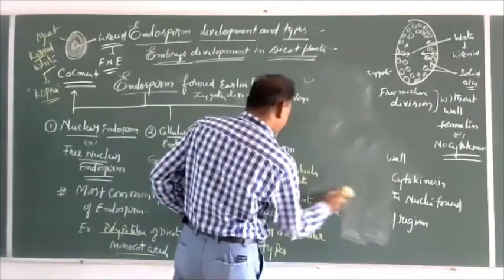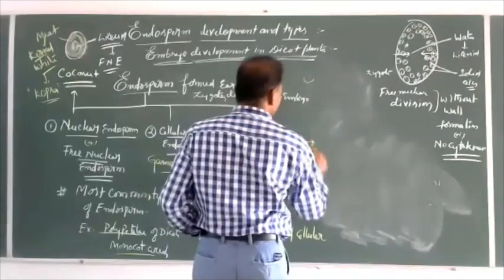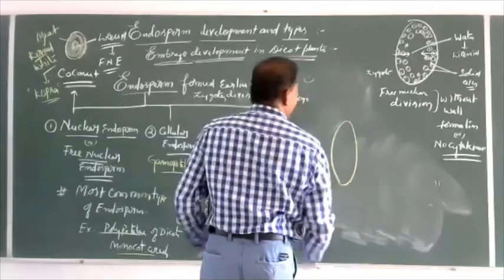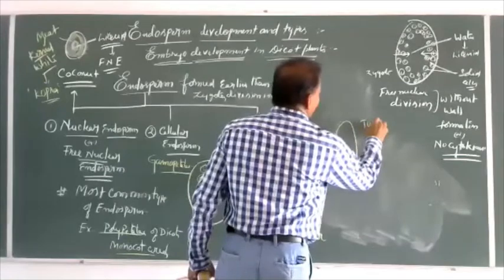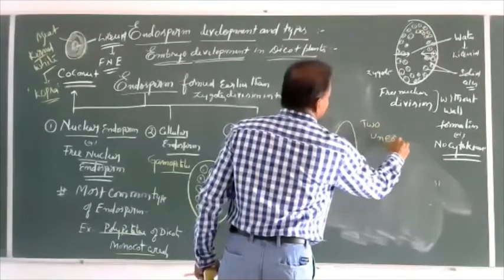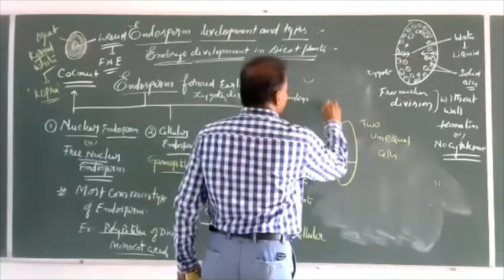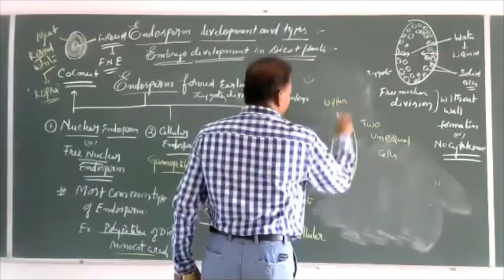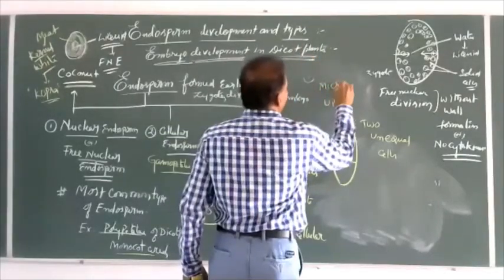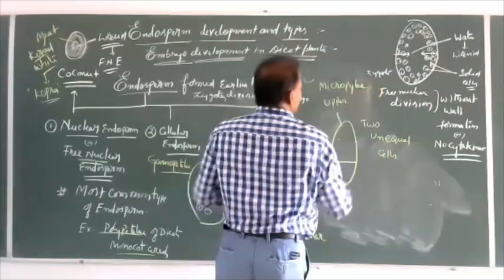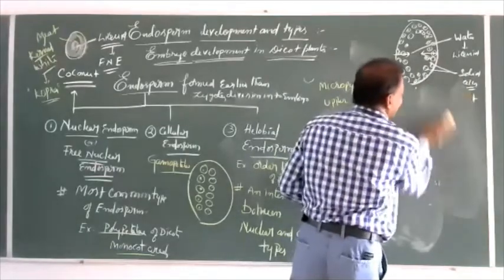In helobial endosperm, first this divides unequally into two cells, two unequal cells. The upper cell, towards the micropyle, is the micropylar cell.